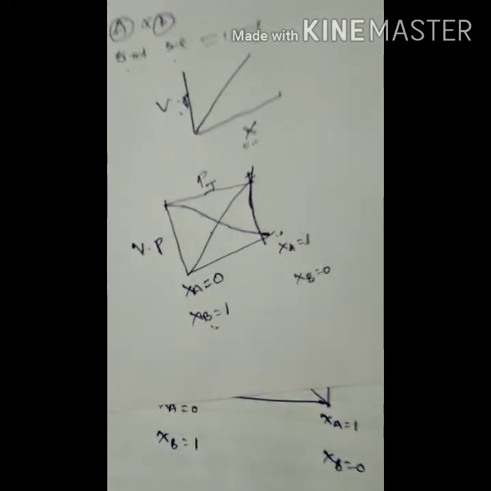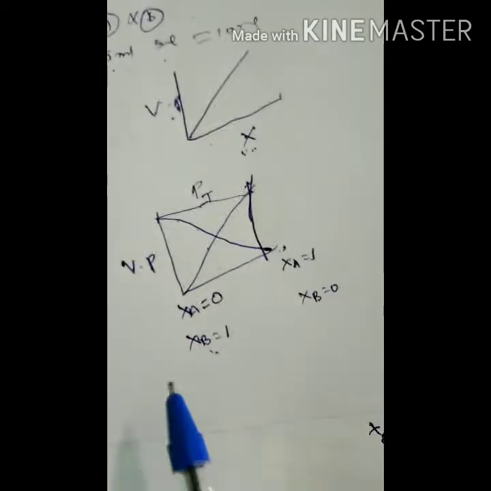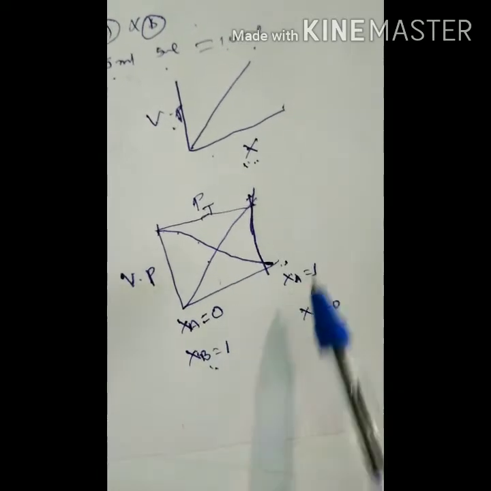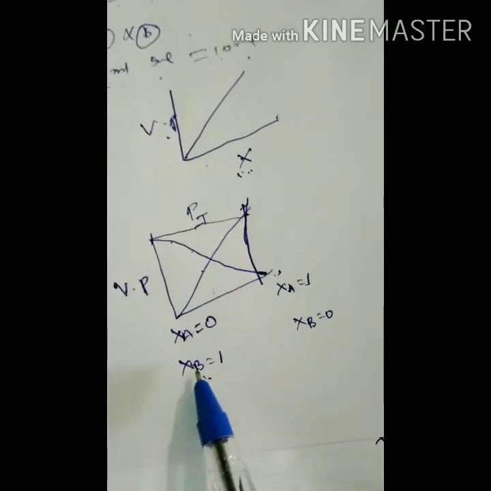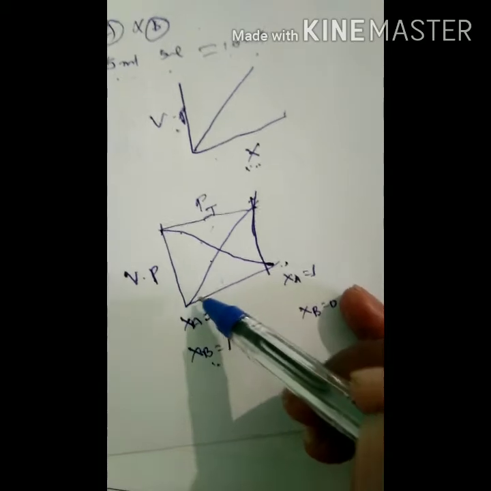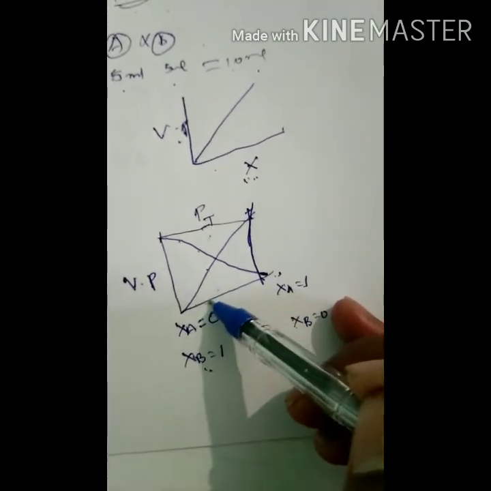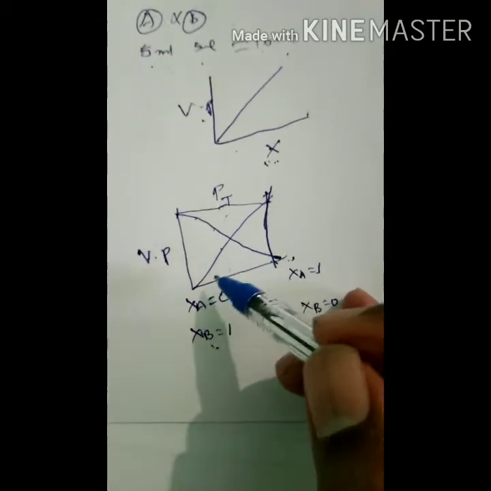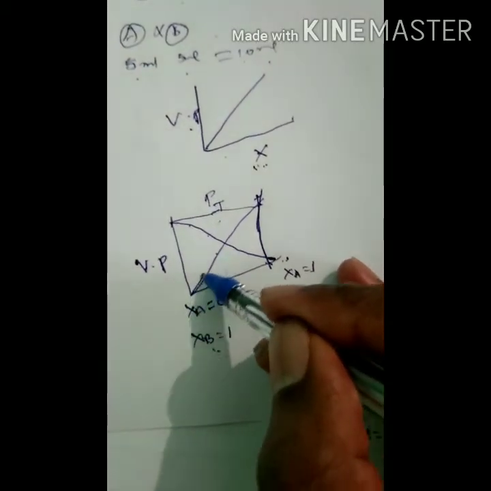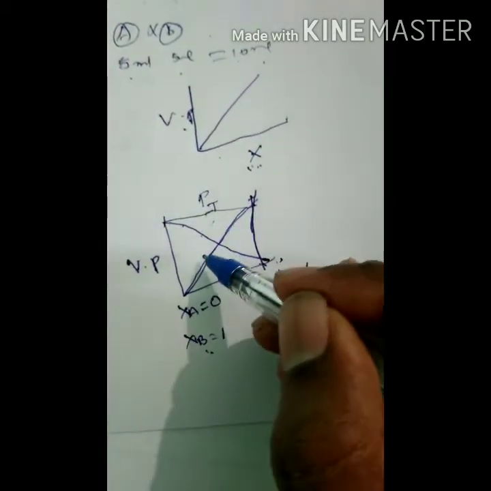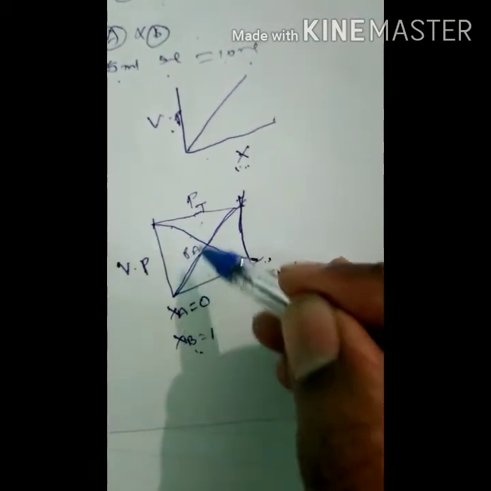Here the point is, from left to right, the mole fraction of A increases. From right to left, the mole fraction of B increases. So from left to right, the mole fraction of A increases, that means if mole fraction increases, vapor pressure also increases. So this line indicates the vapor pressure of A, nothing but PA.